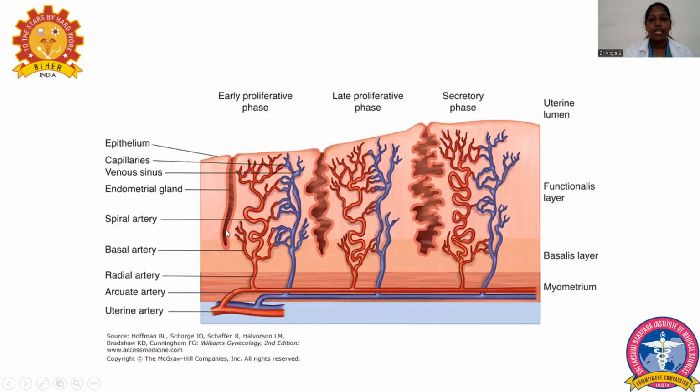There is no tortuosity in the early proliferative phase. But in the late proliferative phase, the endometrial glands are tortuous and there are highly coiled blood vessels, which we can see here. But in the secretory phase, there are a lot of highly coiled uterine glands filled with some secretion. That is the secretory phase.